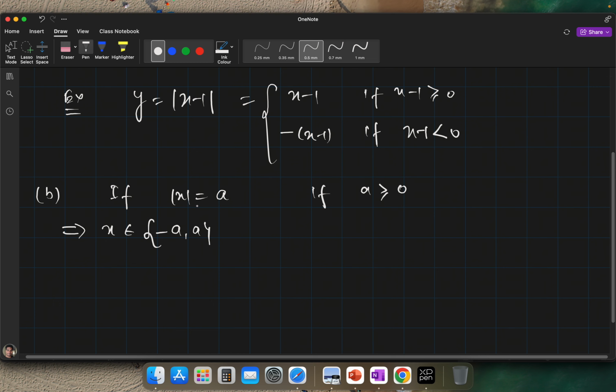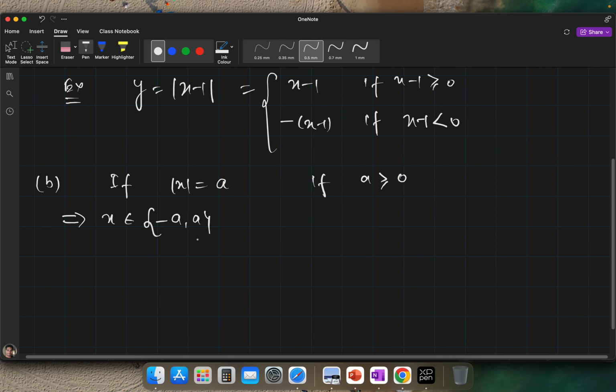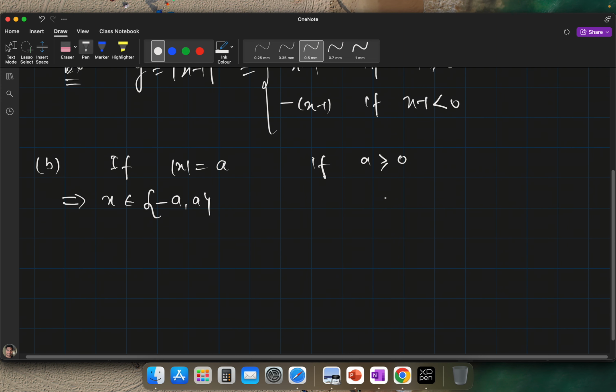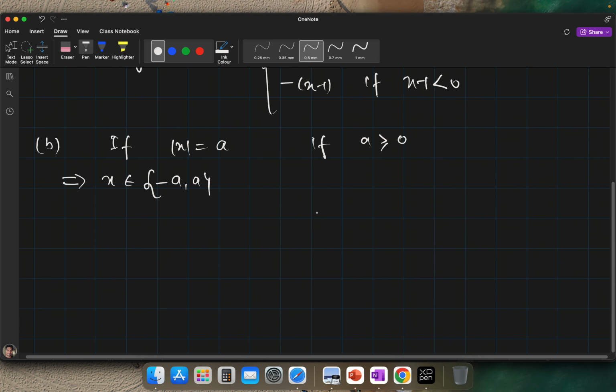It has only two solutions, for example x has to be minus 1 or x has to be plus 1. But what if a is less than 0? Here, if a is positive, then the solution will be minus a or plus a.